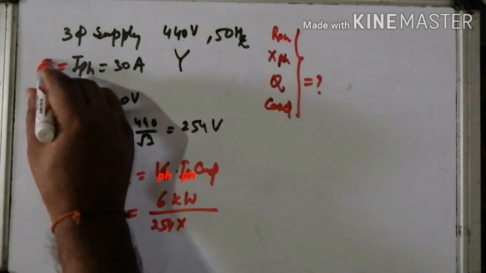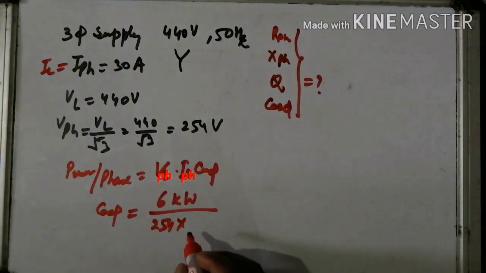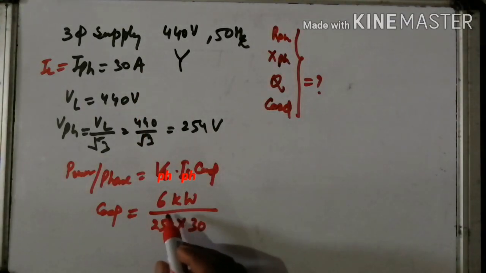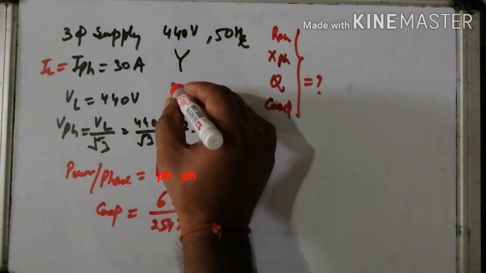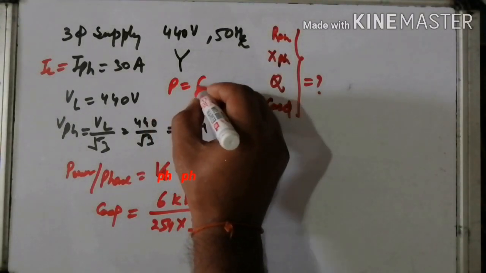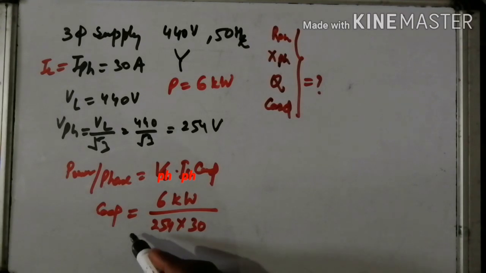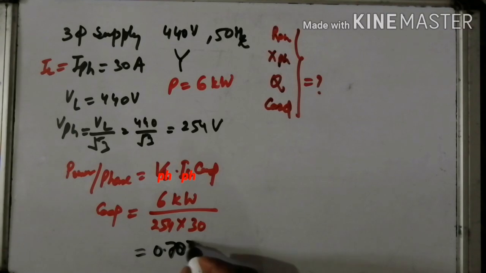So in the place of IPH it is 30, and this one is the power which is given by the wattmeter. So power is given over here, 6 kilowatt. After the calculation, cos phi is calculated over here, it is 0.787.